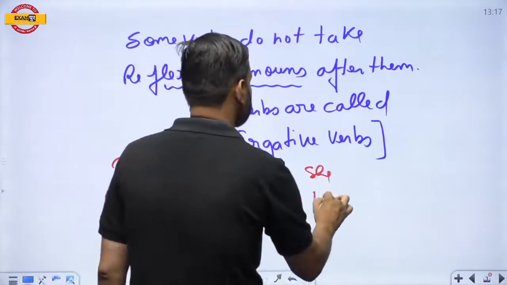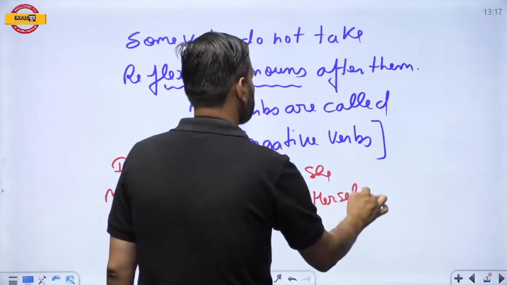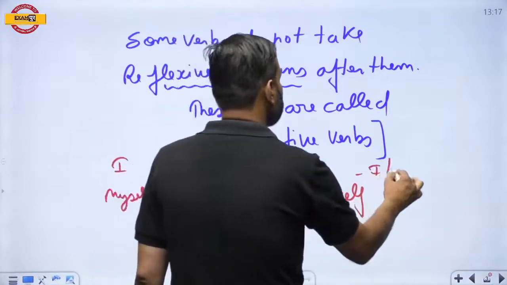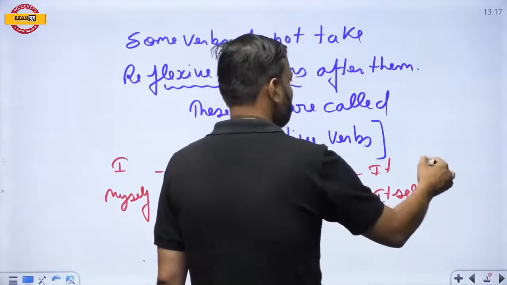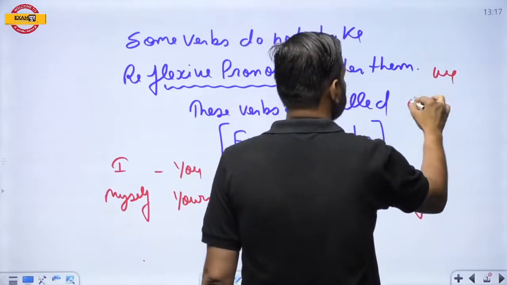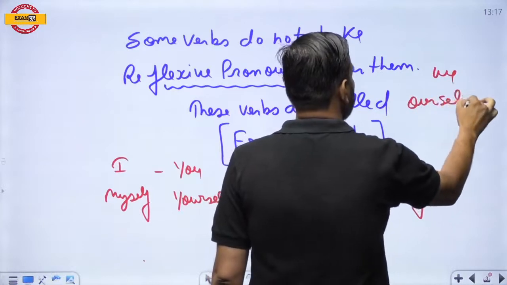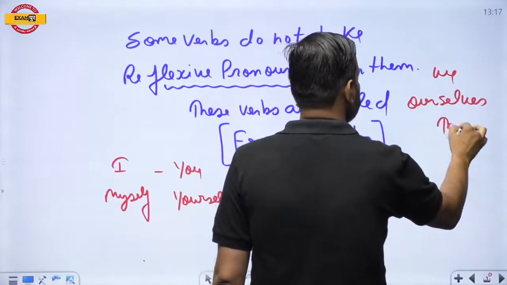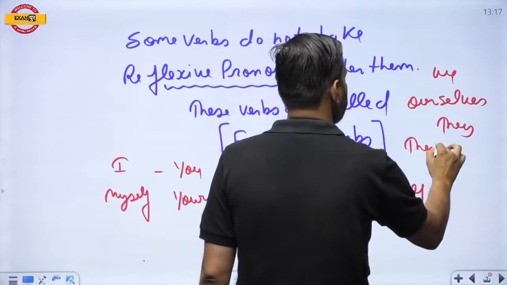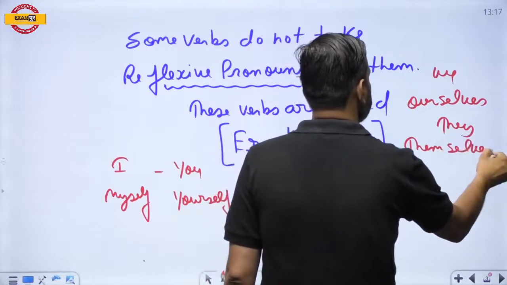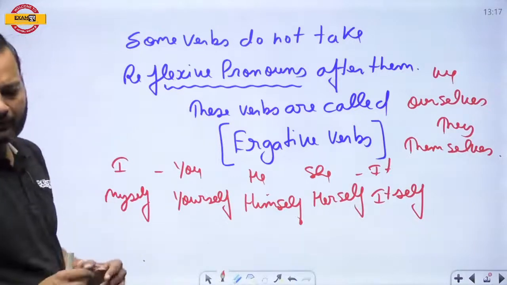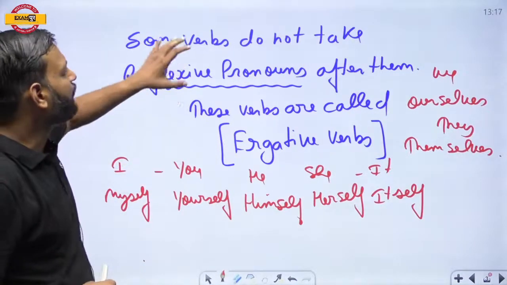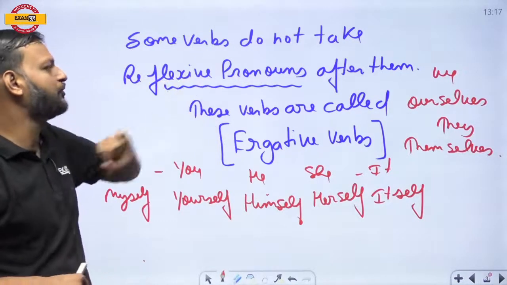Reflexive of she is herself, reflexive of it is itself, reflexive of we is ourselves, and reflexive of they is themselves.